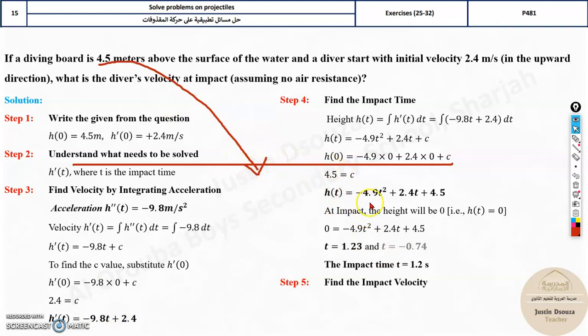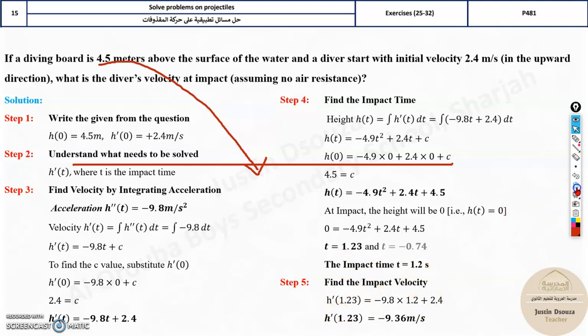And we can model the time, that is 1.23 seconds, as the impact time. Now, solving the equation of velocity at this impact time, we get the impact velocity. Just put over here 1.23 instead of t and solve it. You will get the answer. This is the impact velocity. So that's how we solve it.